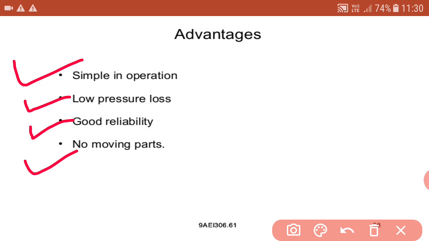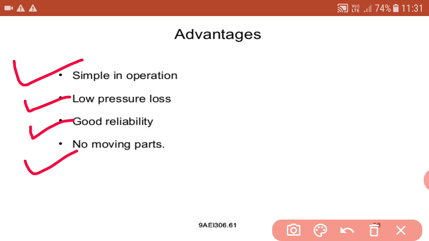Another one is that it is available in large pipe sizes also, and it is also used for high flow rates. So this can also be considered an advantage.